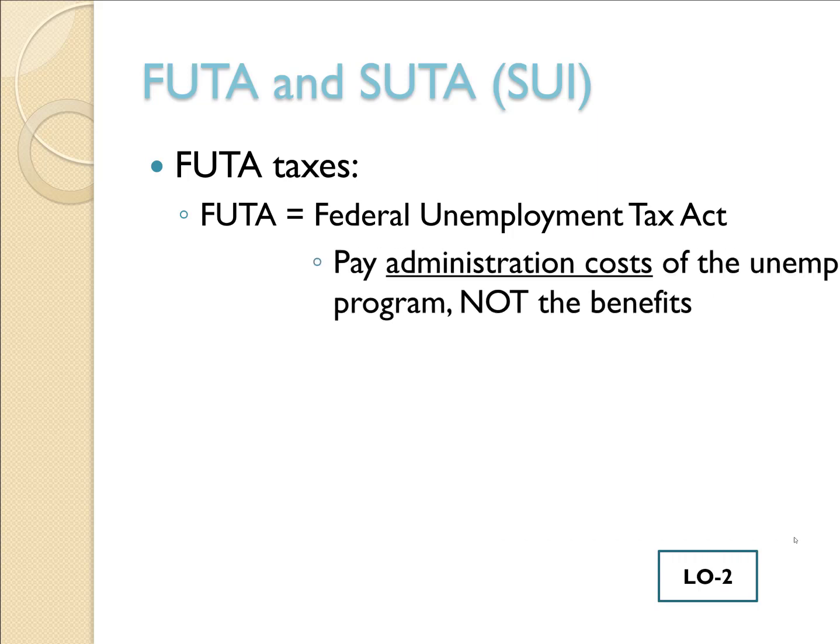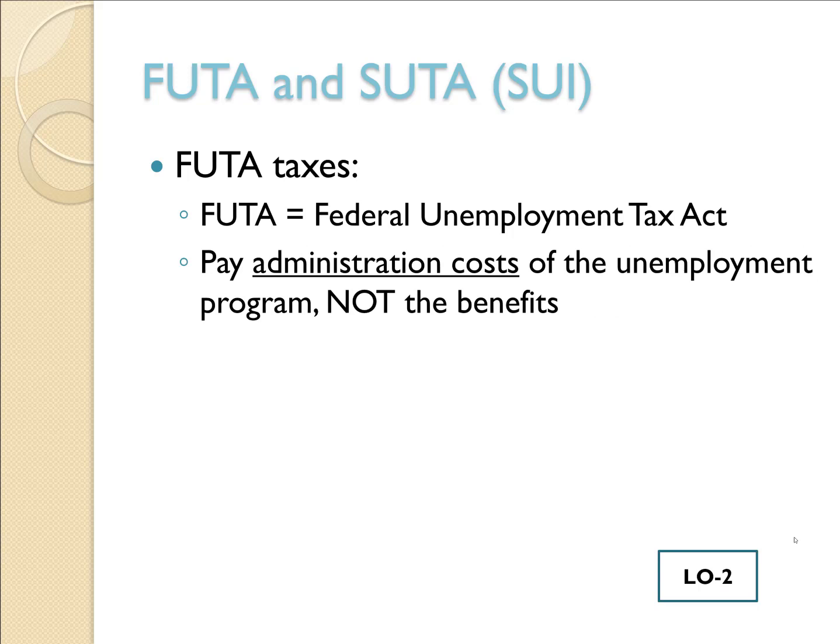So the FUTA tax pays the administration costs of the unemployment program. It does not pay the benefits. That money is used just to run the unemployment plan, not to pay the benefits of the workers.